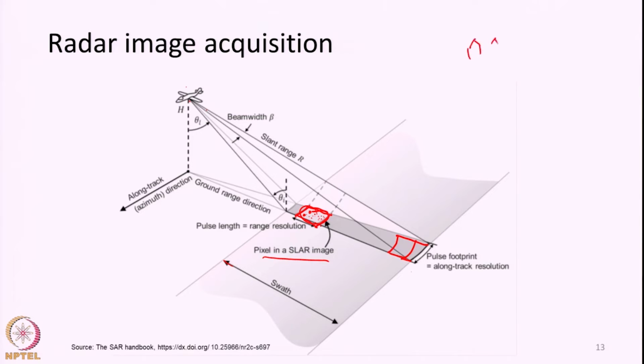Say we have two towers within the same pixel element, we may not be able to see those two towers separately. We may think there is only one tower present there. But if these two towers are located in two different pixels, then we can think, okay, this is tower 1, this is tower 2, there are two towers out there. So, the dimension of the pixel in both the azimuth and range direction will influence whether we are able to resolve or distinguish two features on the ground or not.